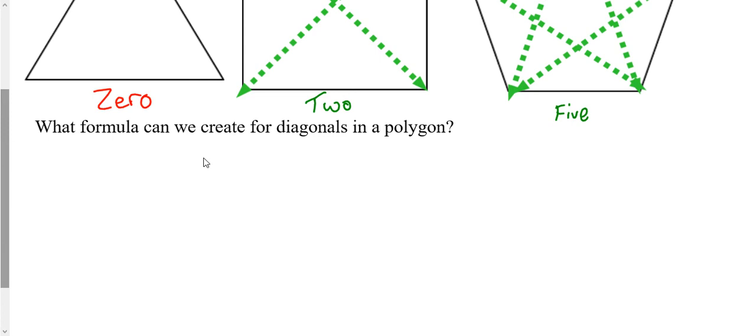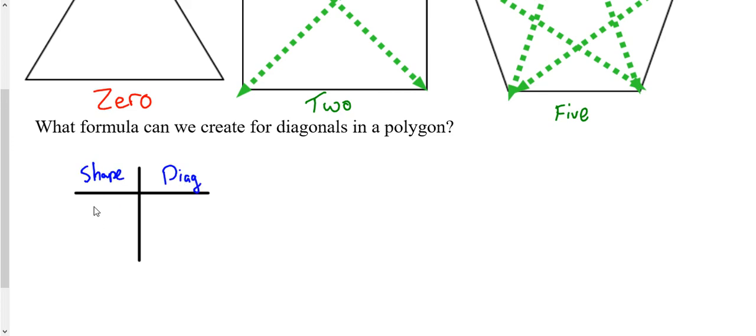If it helps you, you can build a chart to tally up everything. So we basically have the following: our shape here versus diagonals over here.